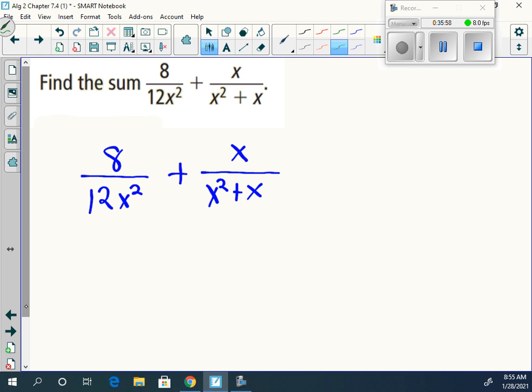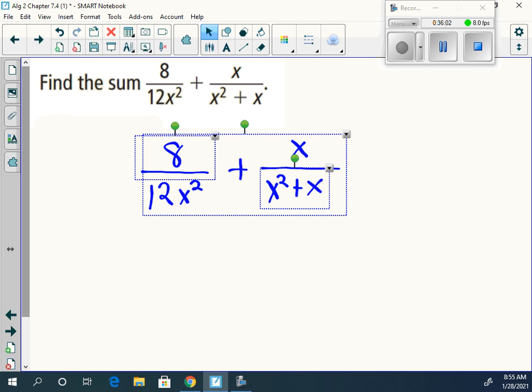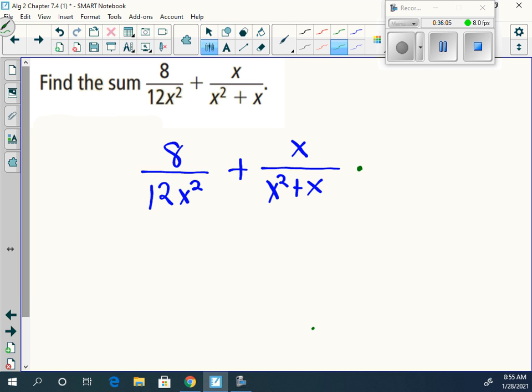Now it's very tempting, let me move this over just a little bit. There we go. It'd be very tempting to say that this is going to be multiplied by 12x squared, and this one is missing an x squared plus x, and we can solve this. It's very tempting to say this, but it's not quite right.